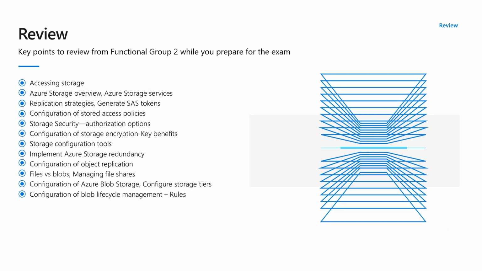We talked about Azure Storage, giving an overview of services as well as accessing storage, generating SAS tokens, configuration of policy and authorization options, discussion on configuration of storage encryption and some of those key benefits, talking about storage configuration tools, redundancy, object replication, mapping and managing file shares, files versus blobs, some of the configuration options for Azure Blob storage, as well as storage tiers.